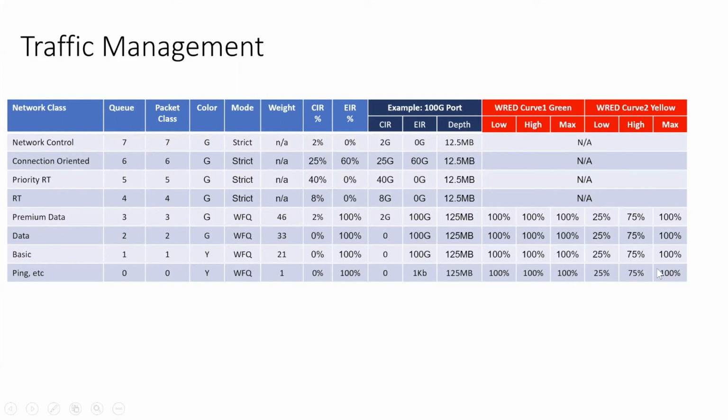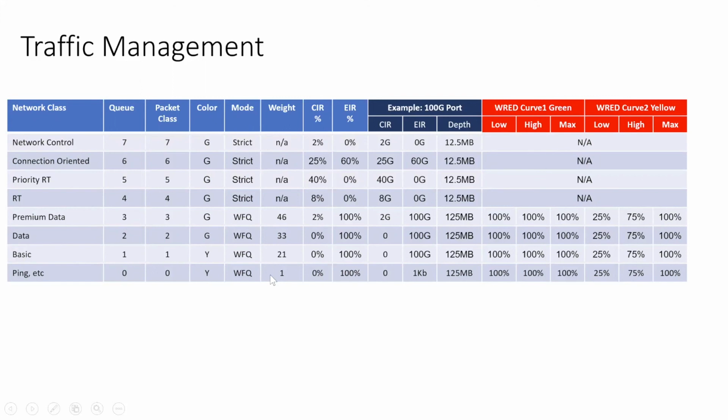With the yellow traffic, between 25% and 75%, I don't know what the value is, it's not 100%, but we're going to throw away some portion of the traffic. And then at 75%, we'll throw away 100% of it. This is not a good value, but that's okay.